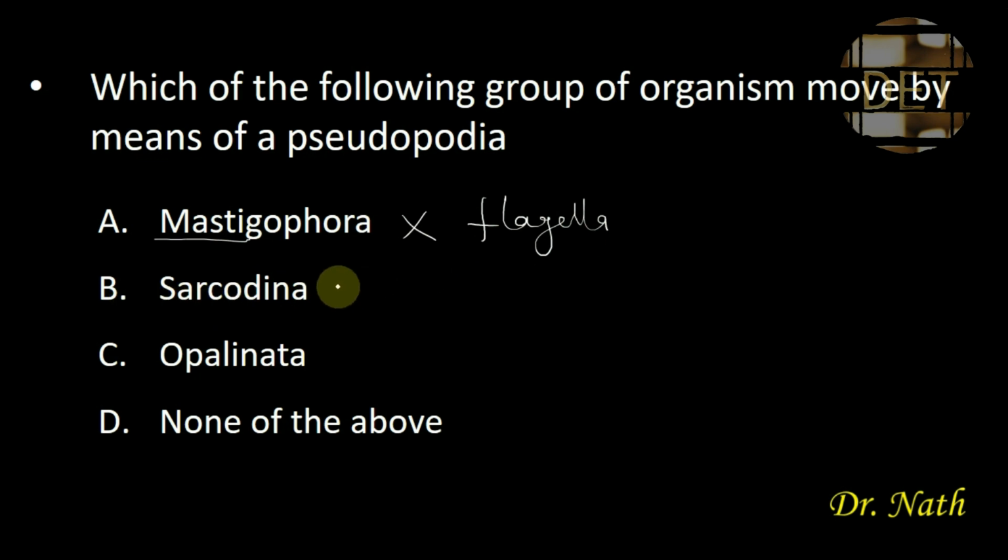Is it Sarcodina? Yes. Sarco is from the word flesh, and when we are talking of flesh, we are referring to pseudopodia. Is it Opalinata? No. Is it none of the above? No. So the group of organisms that move by means of a pseudopodia is the Sarcodina.